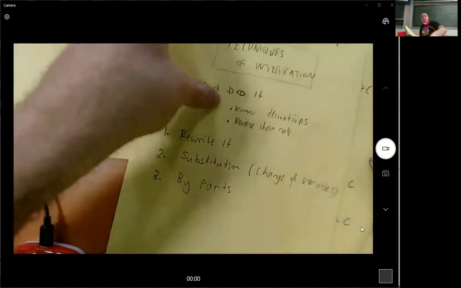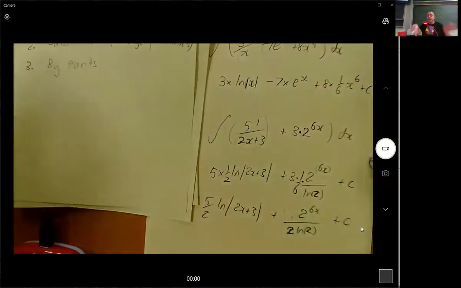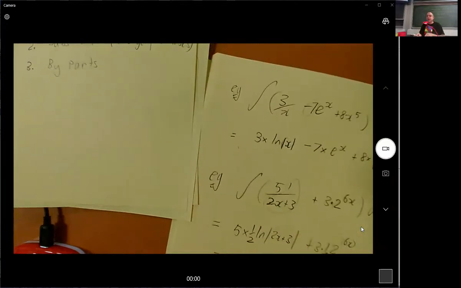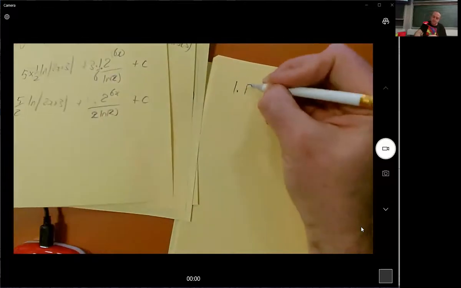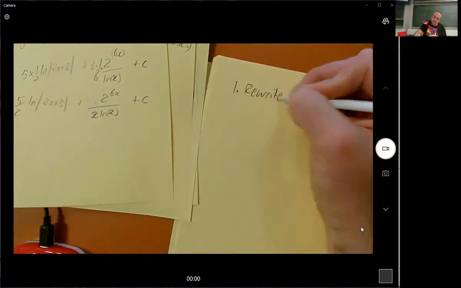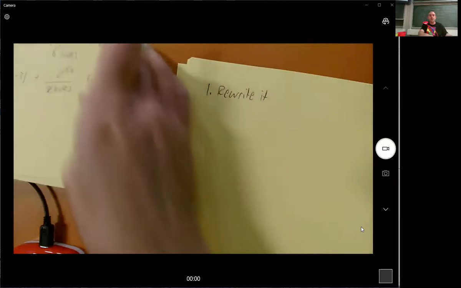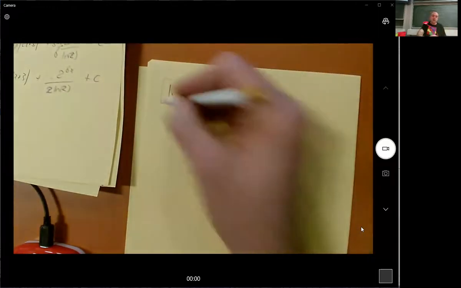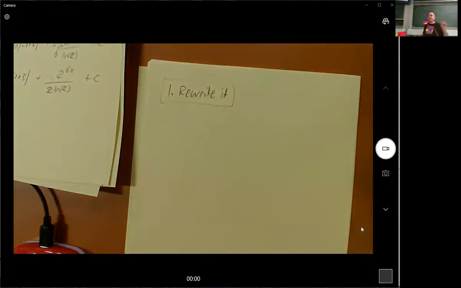Okay, the next technique is to rewrite it so that it looks like something in the just do it category. You know how I called just do it technique 0? Because it doesn't really count as a technique, you're just doing it.